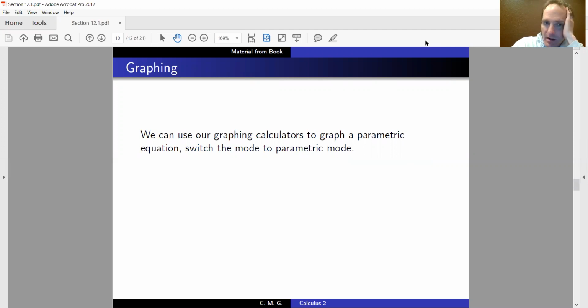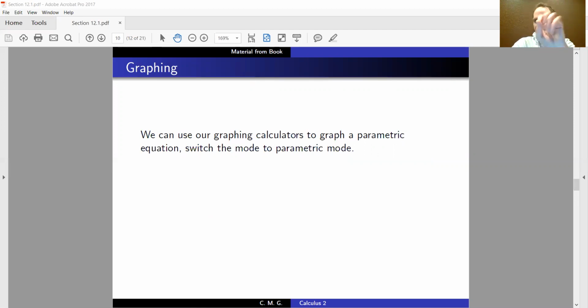We can also use our graphing calculators to graph parametric equations. We can switch the mode to parametric mode, and then graph these things using t as the variable. When you go to parametric mode, you get two equations, an x of t and a y of t.